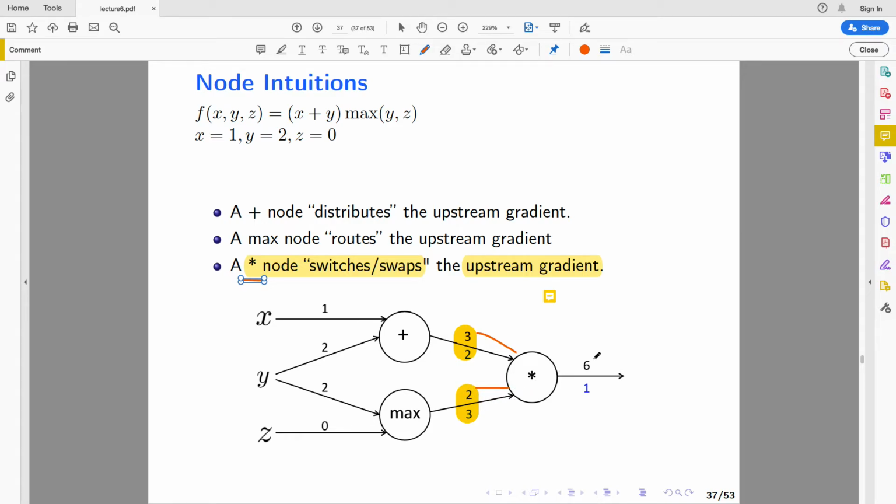But by the time we did back propagation, this one that is 2 becomes 3, and this one that is 3 becomes 2. That is what we mean that it is a swap. The 2 that was here is not the value that we have here, and the 3 that we have here is not the value that we have here. That's what I mean by switches the upstream gradient.